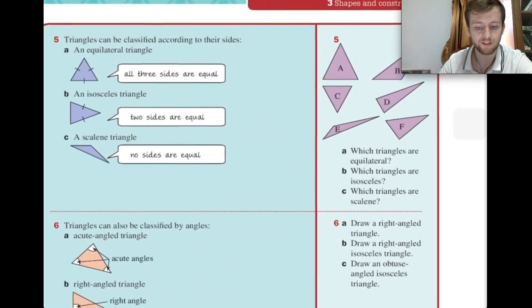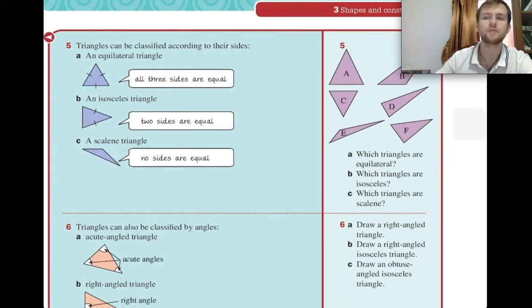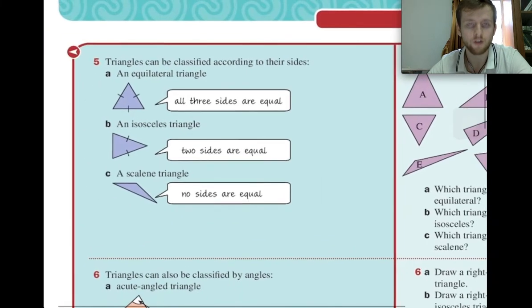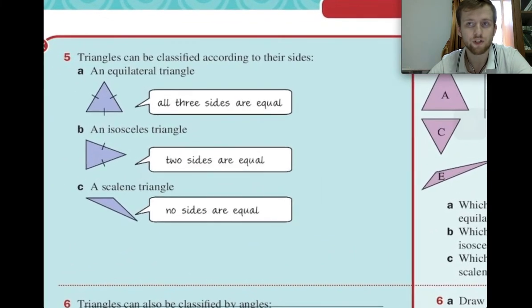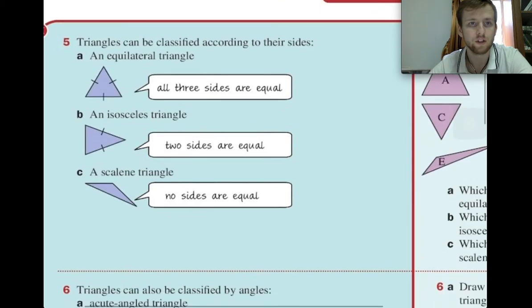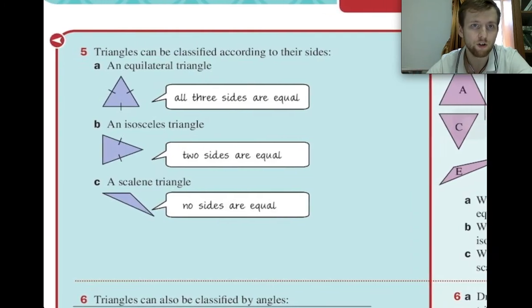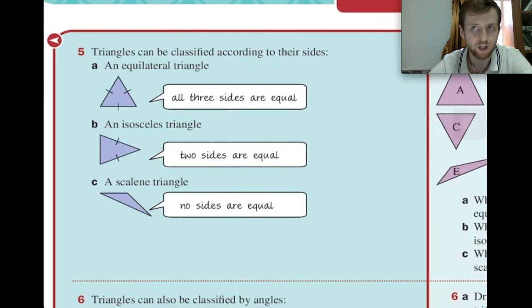Triangles can be classified according to their sides. So one more thing to remember: there is an equilateral triangle with all 3 sides equal. There's an isosceles one with 2 sides equal, and also 2 angles are going to be equal as well. And don't forget about this. If 3 sides are equal, it also means that all 3 angles are equal.